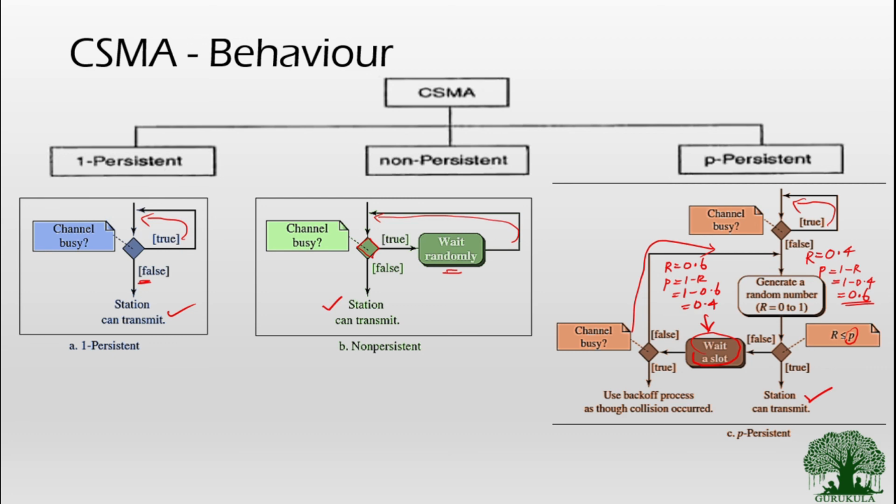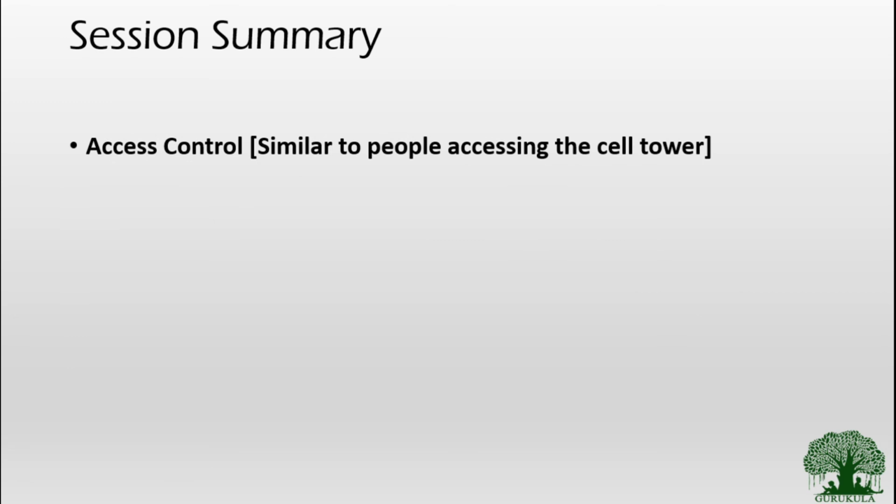So in this video, we have seen two techniques. First of all, we started discussing what access control is, with an example similar to people accessing a cell tower. When multiple people try to access the cell tower at the same time, there might be a few people who are left unserved.